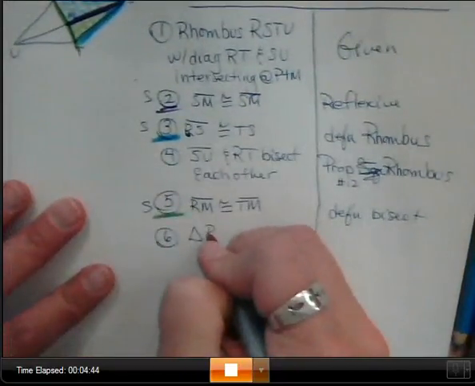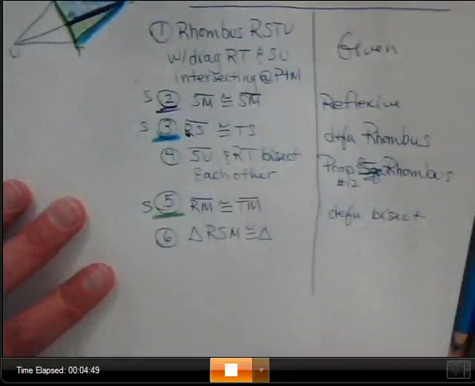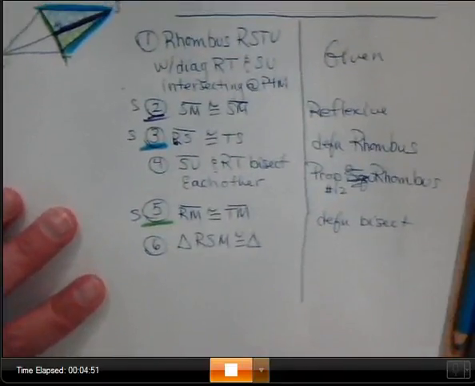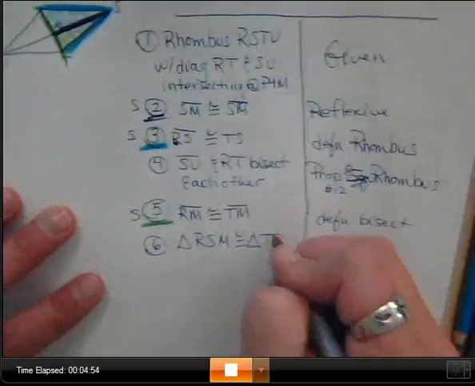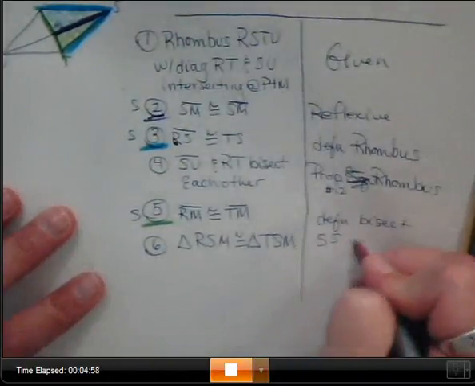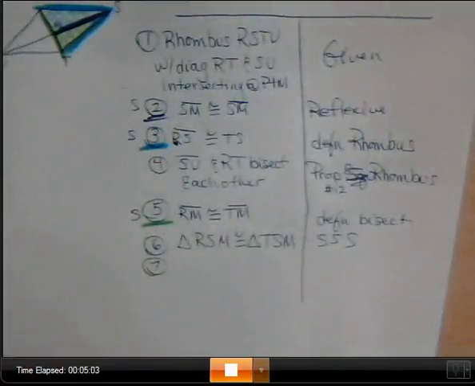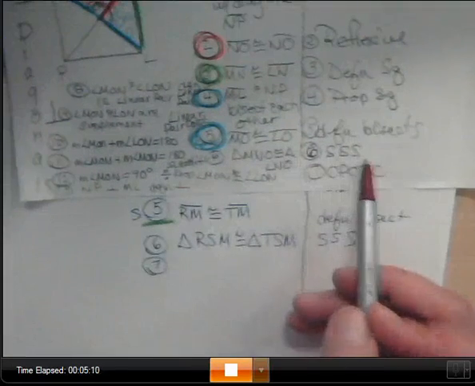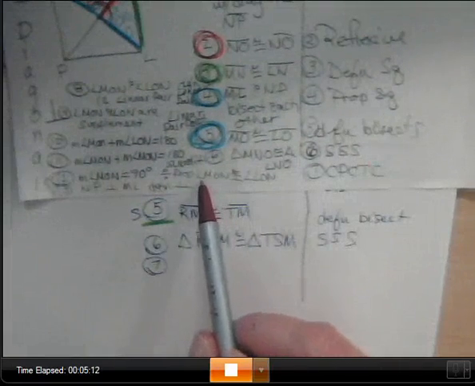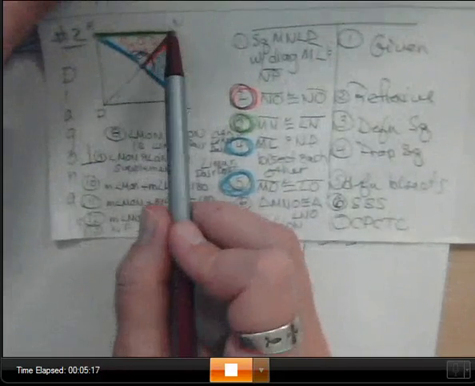Okay, so triangle RSM is congruent to triangle, who goes with R? T, S, M. Reason? Side, side, side. Now let's go back to this one. This one got side, side, side, and then it went to MON is congruent to LON.